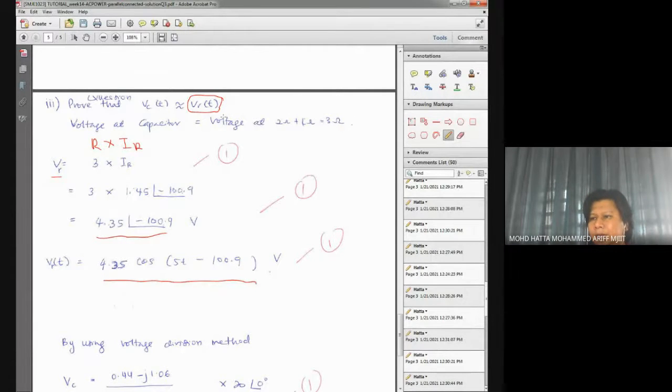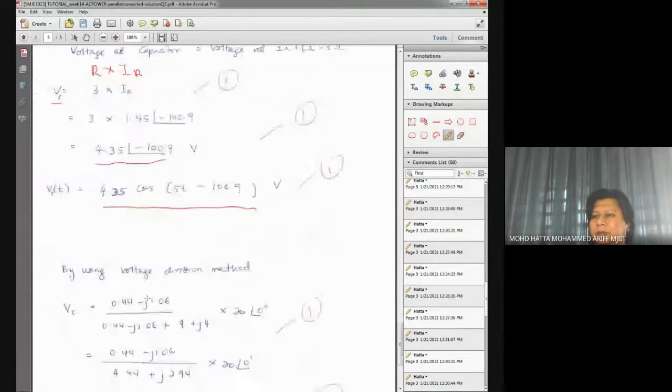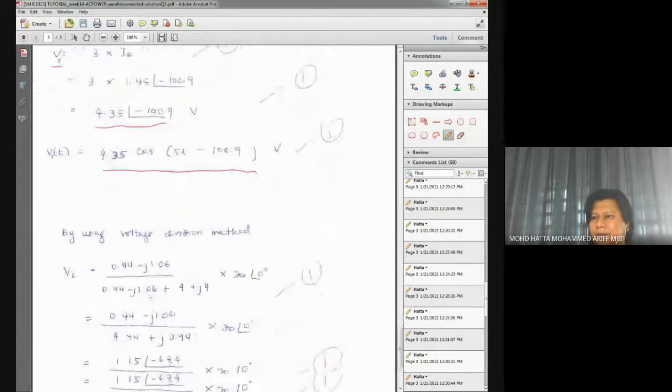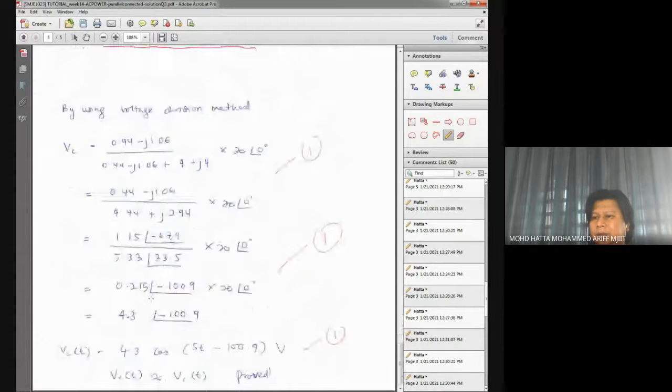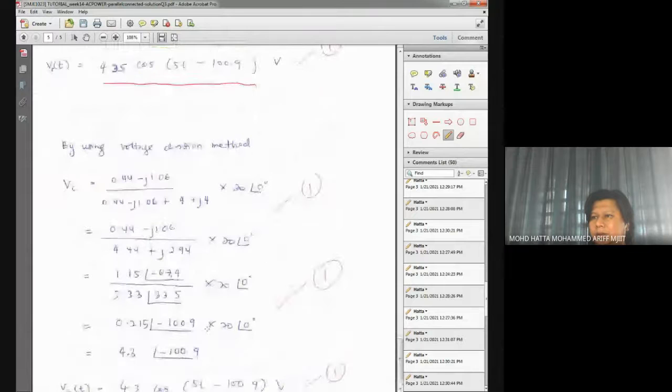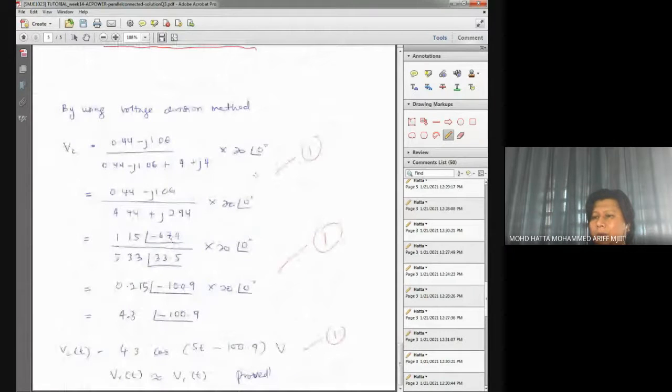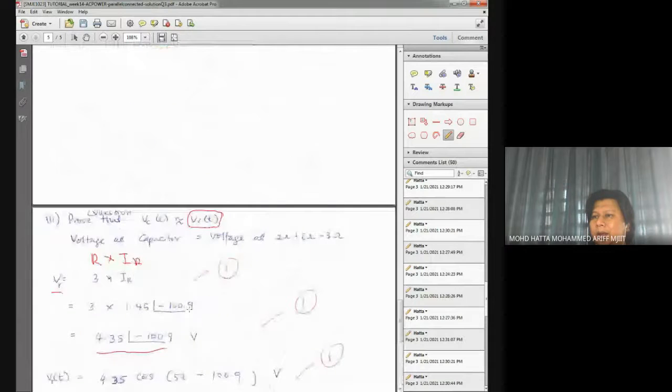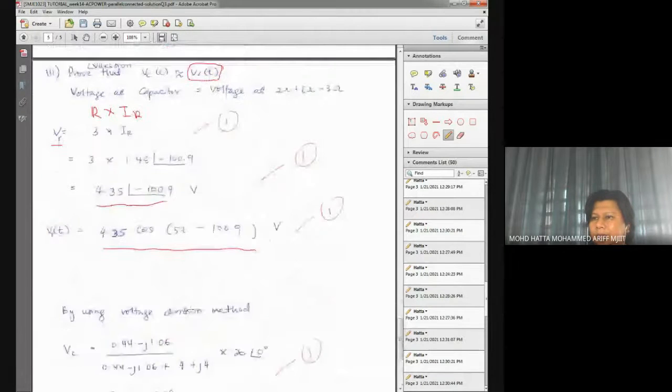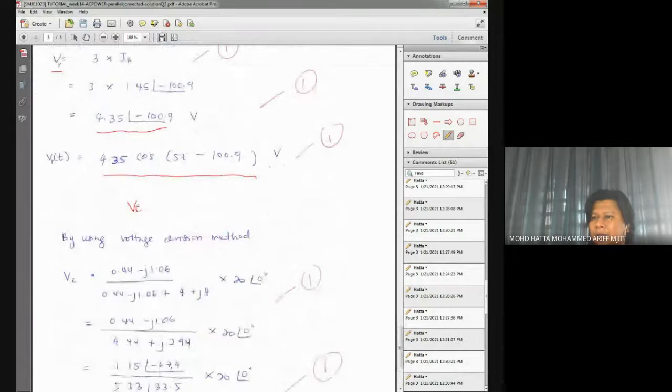So you need to write down this one, and you can either use the voltage division method. Okay, here we use the voltage division method to prove that VC is equal to VR, or you can use the one that I mentioned just now, where VC can also be found by using IC times ZC.